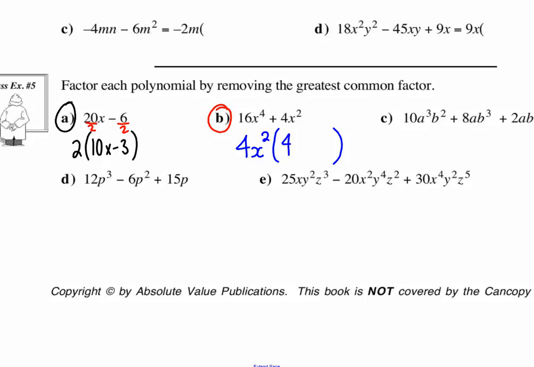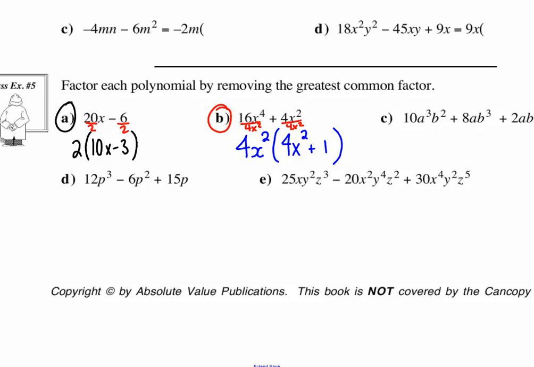X to the 4 divided by x squared is x to the power of 2. Now, what is 4x squared divided by 4x squared? 1. Anything divided by itself is 1. Right? So remember, we divide each by the GCF to figure out what's inside the brackets.